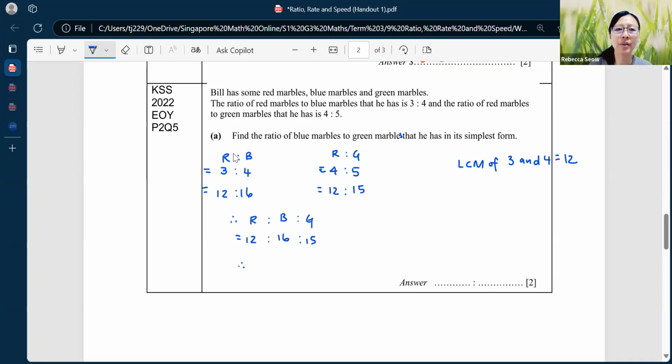Answer for blue to green marbles, it will be just 16 to 15. This is straightforward. Now let's take a look at the next portion, which can come across as challenging.